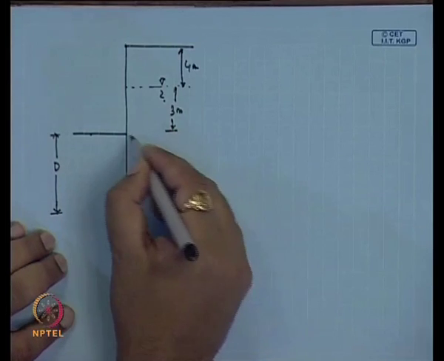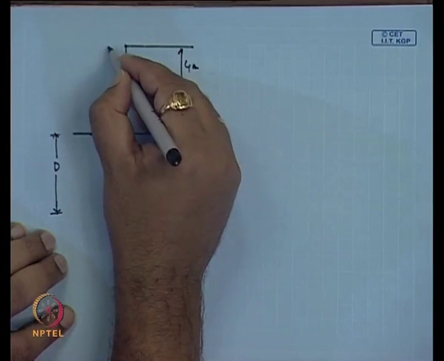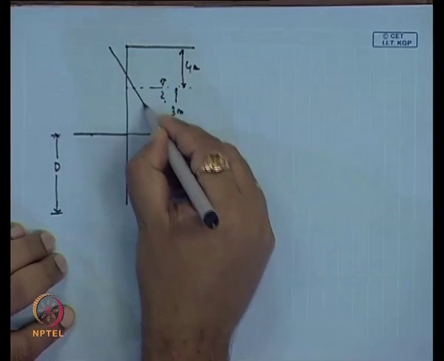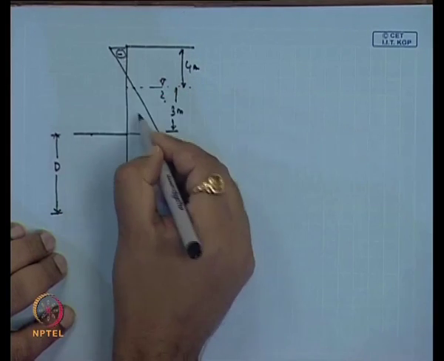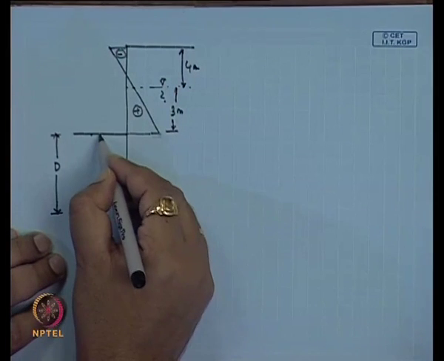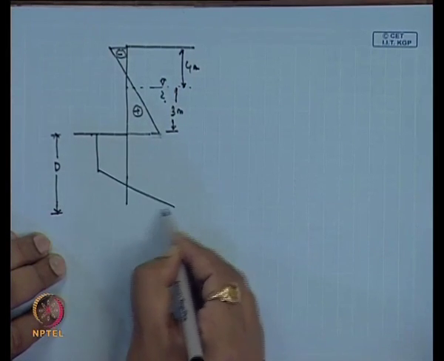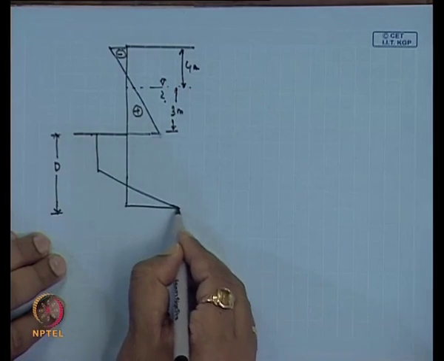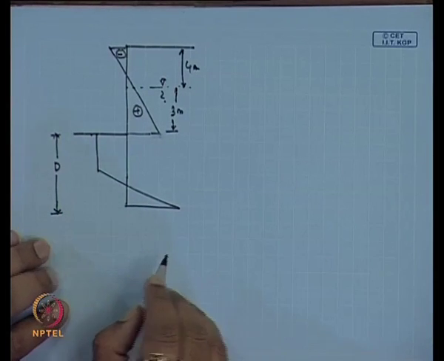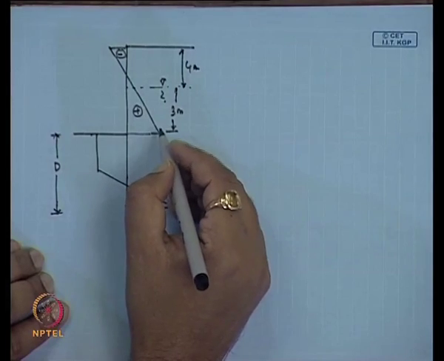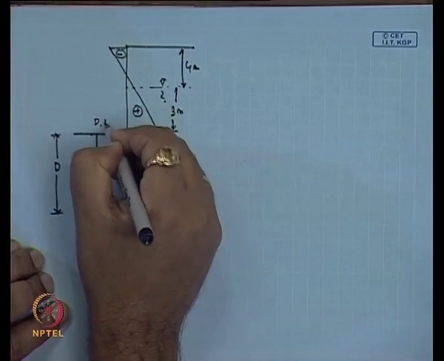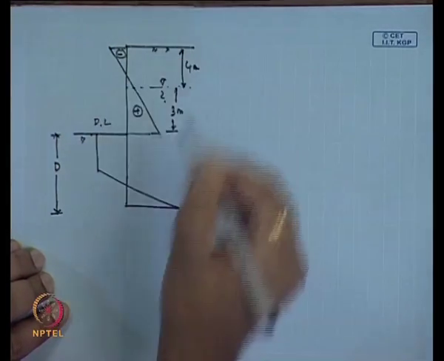As we have mentioned, in that case our diagram will be like this: this is negative, this is positive, then this will start from here, then it will go in this form. Here we know that this is our dredge level, this is the ground level.